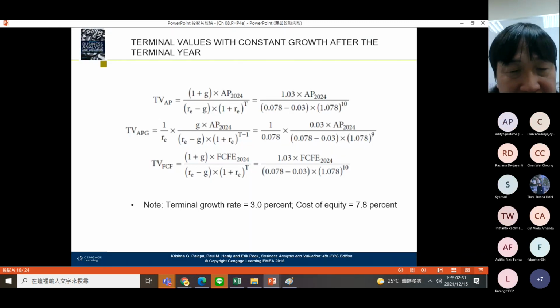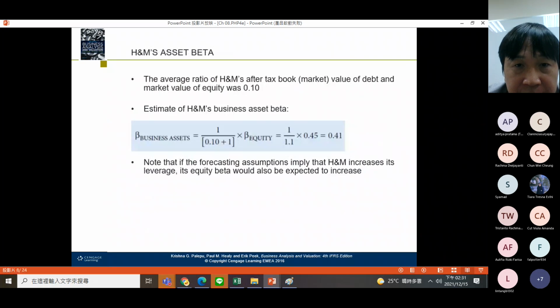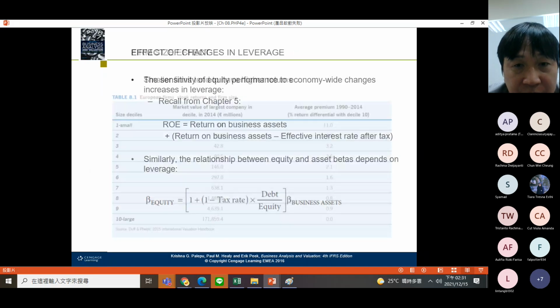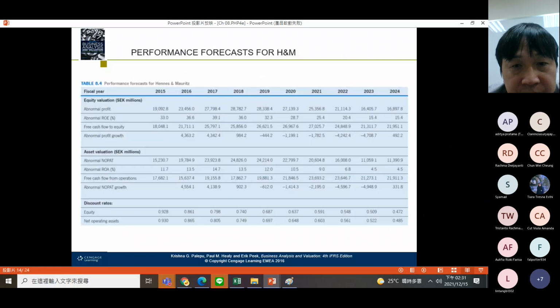Okay, so this is our example expanding after 10 years. We can start from 2015. Here is the table for the 10 years, so it's 2024.